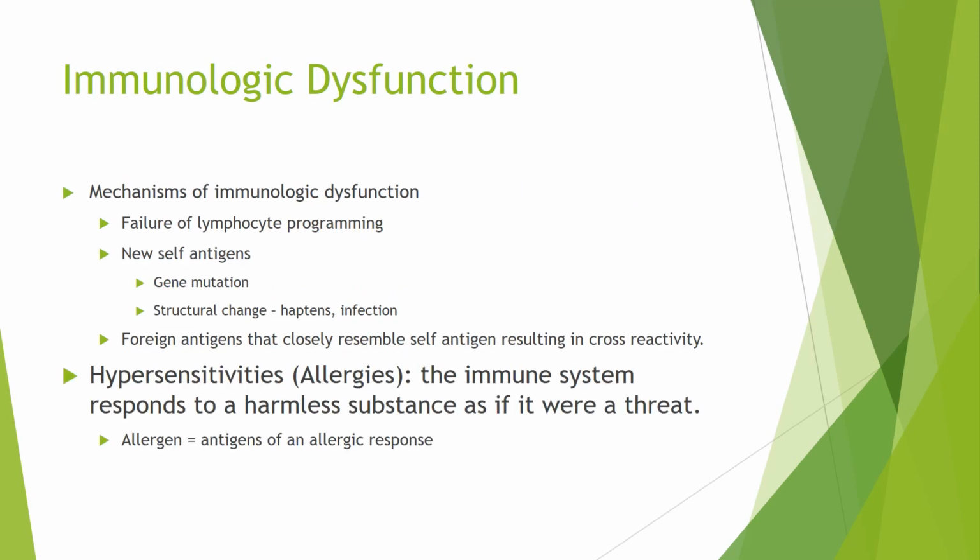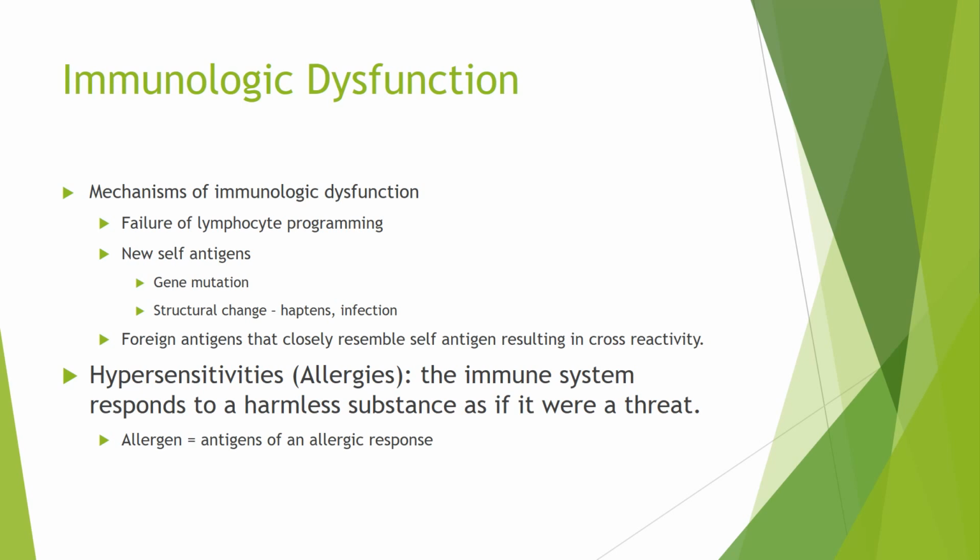So some of the mechanisms and functions of the decreased immune system would be failure of the lymphocyte to program correctly, and that could be due to stem cells that are being affected at that level. Also, there could be new self-antigens that are being recognized, like with gene mutation, which is typically caused by carcinogens. And so what they start to do is produce tumor-specific antigens instead of non-tumorous antigens.